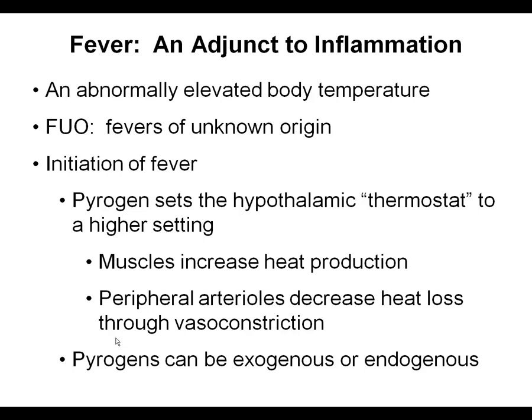Any pyrogen can be exogenous or endogenous, meaning it can come from the outside or from the inside. I just want you to understand that fever is sometimes a very good thing. This can be something that works with the inflammatory response and helps with the whole inflammatory process.